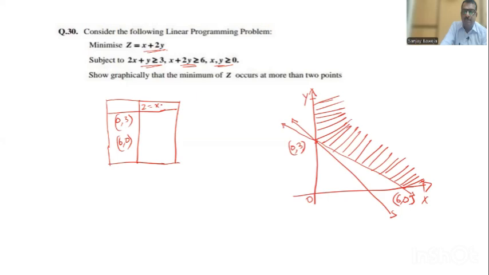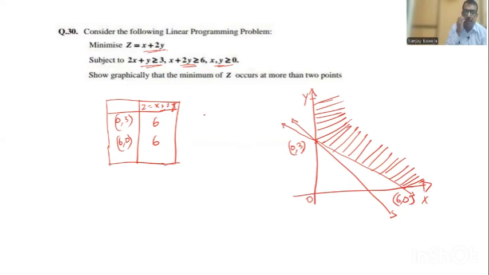So z is equal to x plus 2y, right? And you find that the value of z at both the points is the same, 6. Correct? So remember one thing, whenever the region is unbounded, we have to confirm that these are the possible values.